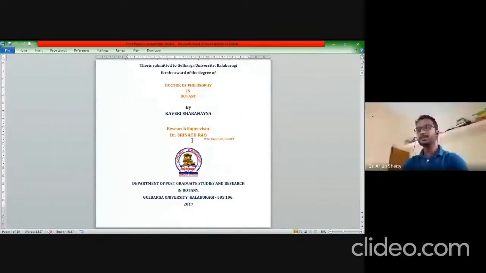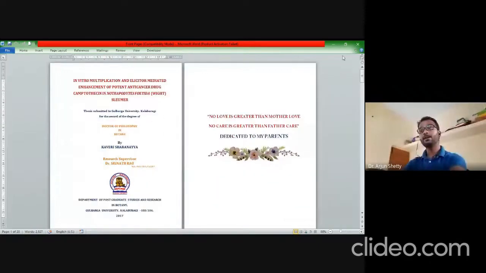Next, the mentor name, followed by the affiliation of both the author and the mentor: Department of Postgraduate Studies and Research in Botany, Gulbarga University, Kalburgi, with the pin code as well as the year. This is all we have to prepare for the cover page if it is a thesis.